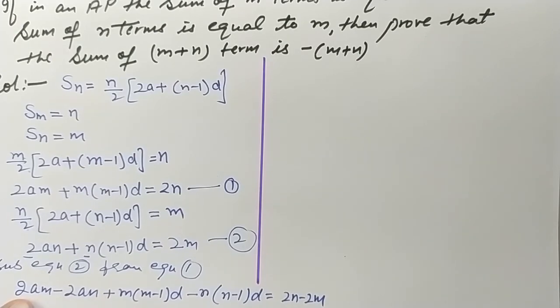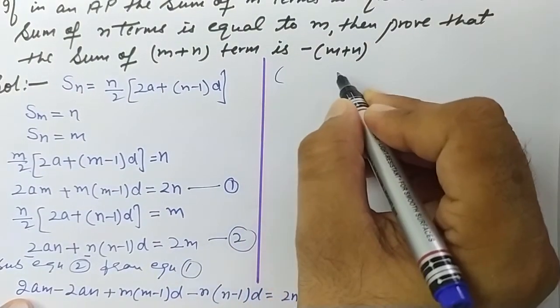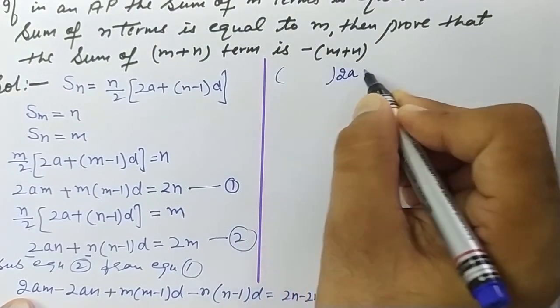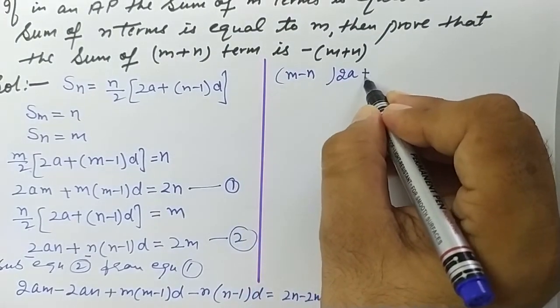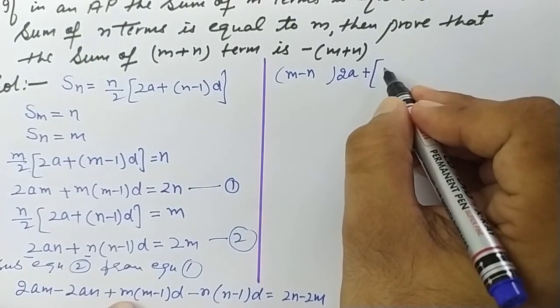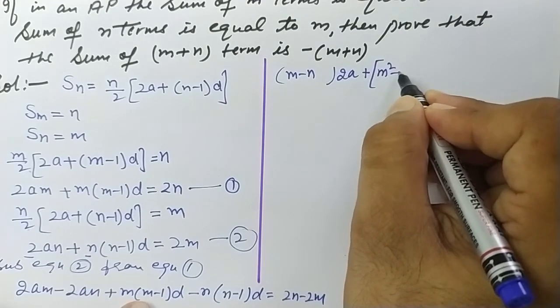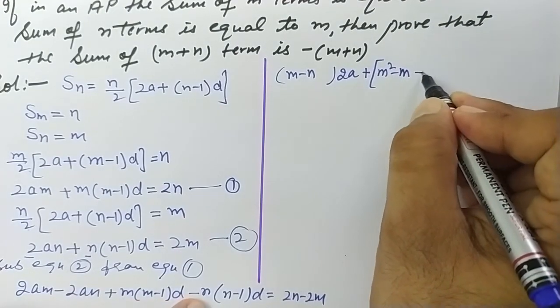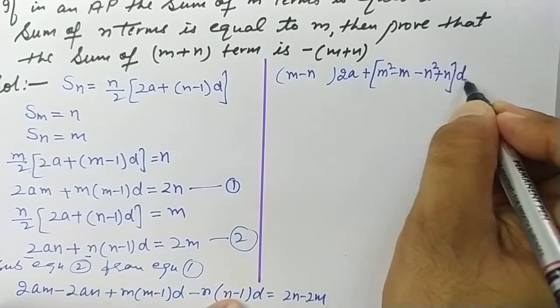Now we take a common. 2a is common here, so take 2a common. What is left is m minus n here, plus if I take d common, it is left m square minus m, and minus n square plus n, and d is common outside.